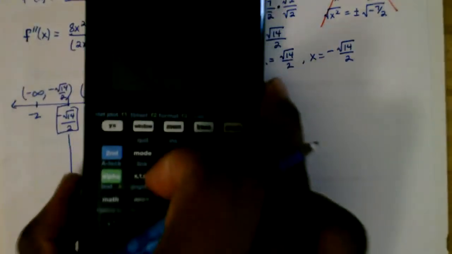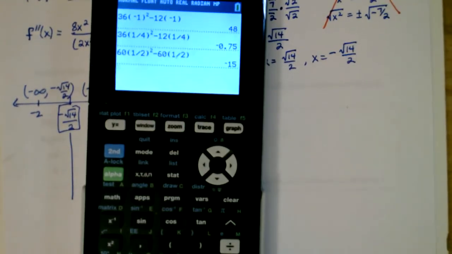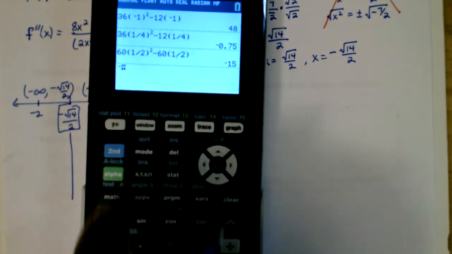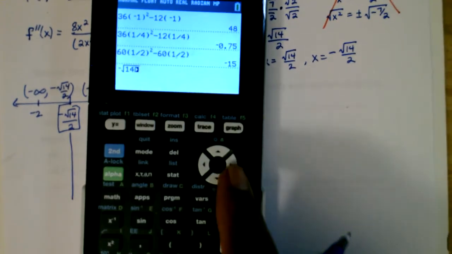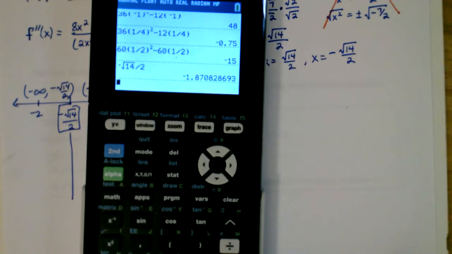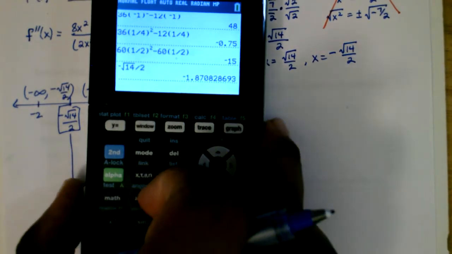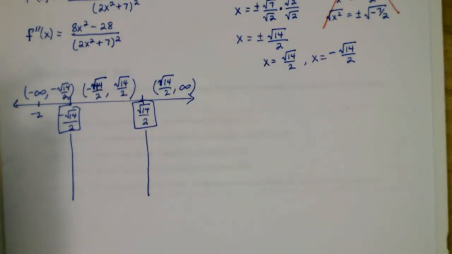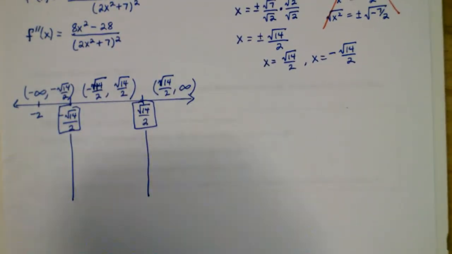And the reason for that is this. If I do negative square root of 14, divide that by 2, that number would be like negative 1.87, and negative 2 would be in that interval. So we can use negative 2 there.